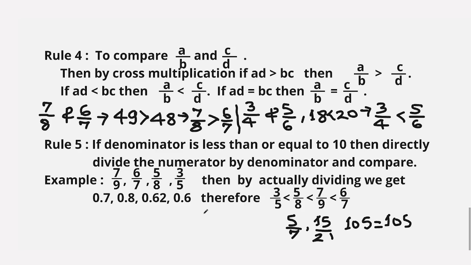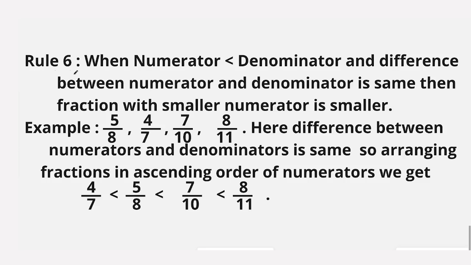This way we can compare the fractions by actually dividing if the denominator is less than or equal to 10. We go to the next point. Rule 6. When the numerator is less than the denominator and the difference between numerator and denominator is the same, then the fraction with the smaller numerator is smaller.